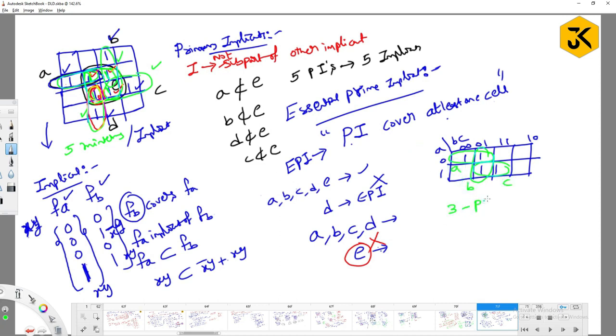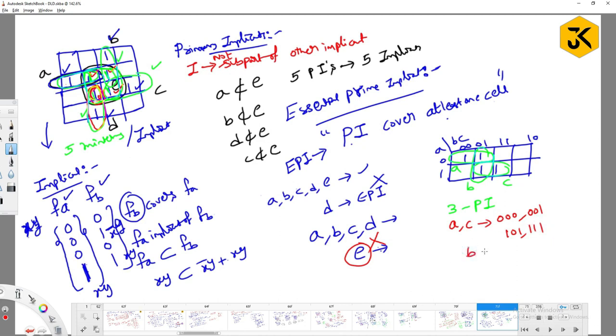So how many prime implicants are there here? 3 prime implicants. What are the essential prime implicants? Essential prime implicants are only A, comma C. Why? A is going to cover 000, 001. C is going to cover 101, 111.